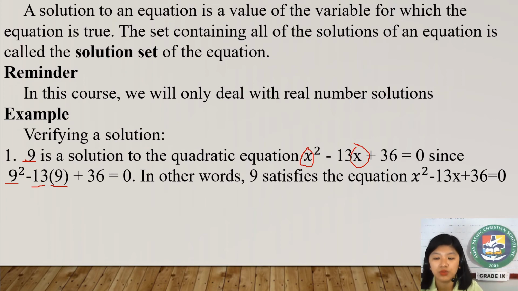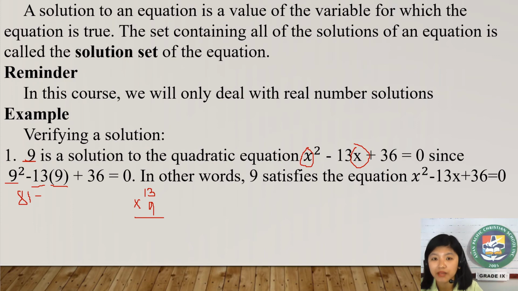So, solve muna natin siya. 9 squared will give you, 9 times 9 will give you 81. Then, minus 13 times 9. So, i-multiply natin siya. 13 times 9.